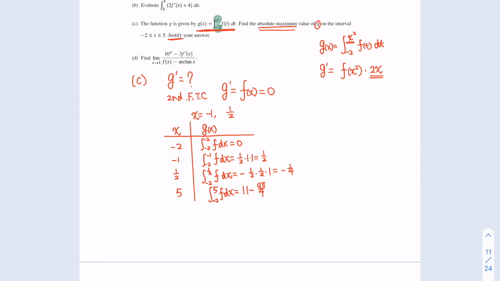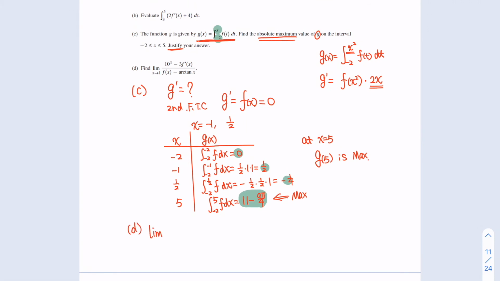If we look at these four numbers, 0, 1/2, -1/4, and 11 minus 9 pi over 4, the maximum value is this one. So x equals 5 is our maximum.